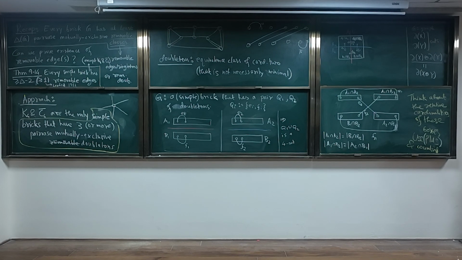If Q1 union Q2 is a matching, these are 4 pairwise non-adjacent edges, then we will prove that Q1 union Q2 extends to a perfect matching. Therefore, Q1 and Q2 are not mutually exclusive. Okay, this is what we'll prove next.